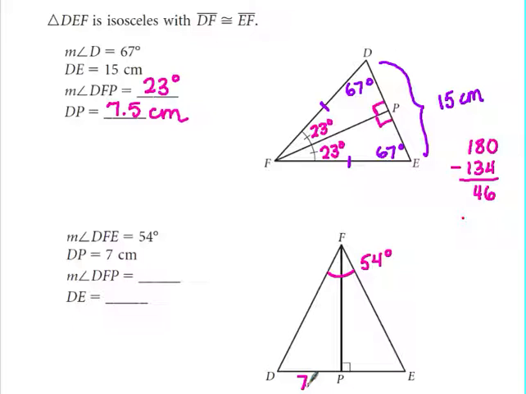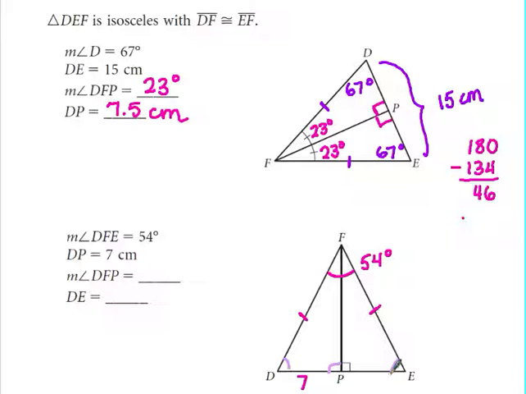Now, if you notice, the original directions are that triangle DEF is isosceles with DF congruent to FE or EF. So if those are isosceles, I know that these two are the same. I also know that if this is 90, this also has to be 90.